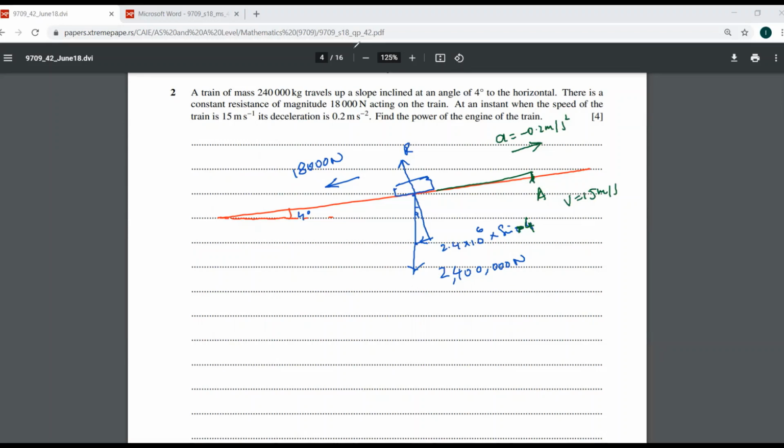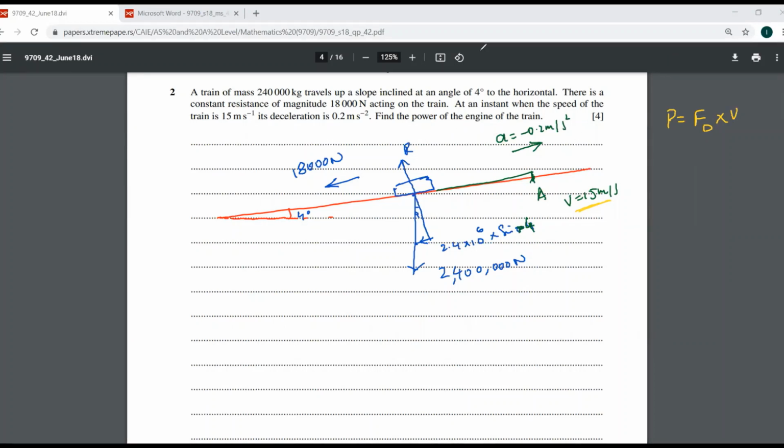Again, you know that power formula, that is power is equal to F into V. So you need to have that driving force with you. You already have the speed over here, which is 15. If you find that driving force and multiply it by V, you will get that power.